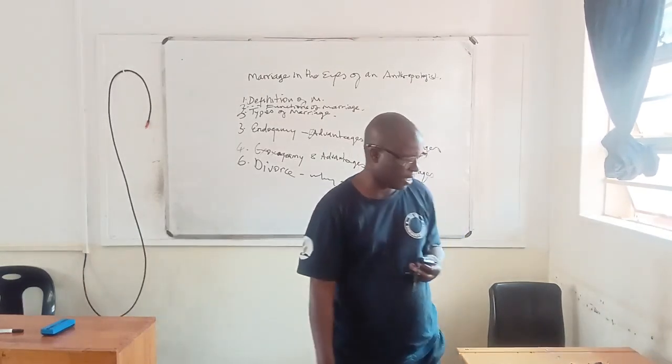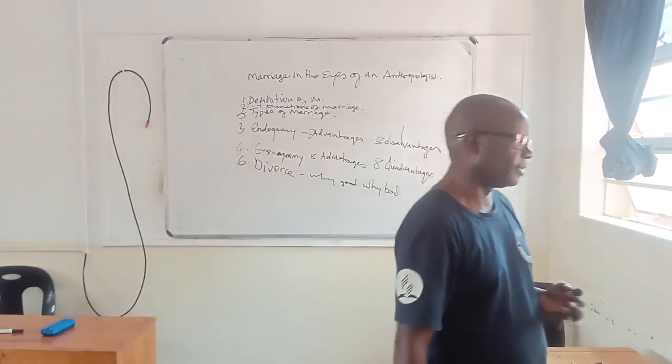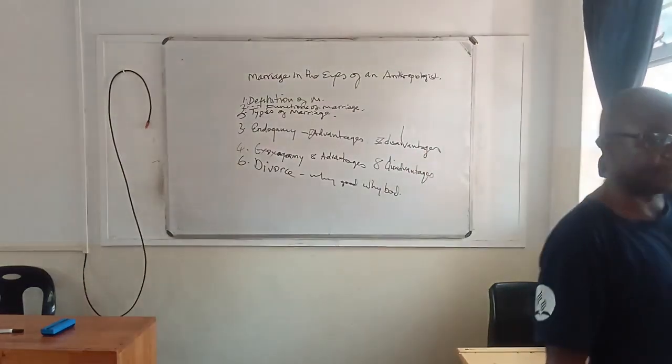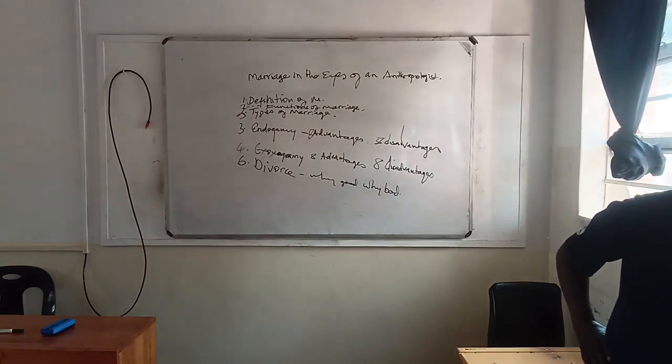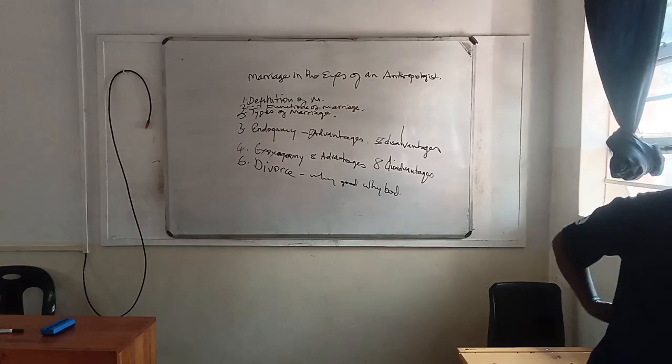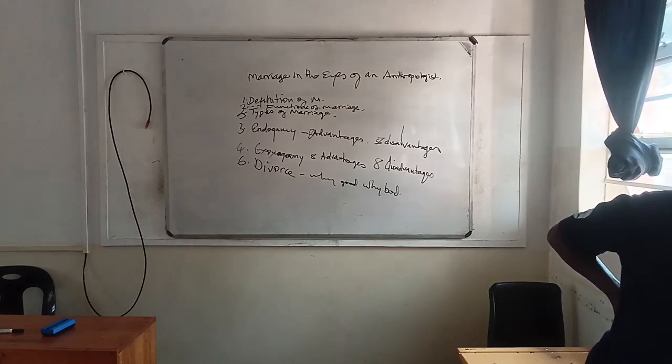According to one of the African writers, divorce is defined as an accident in marriage. It is indeed an accident, because all that an accident brings are evil. So divorce is an accident.